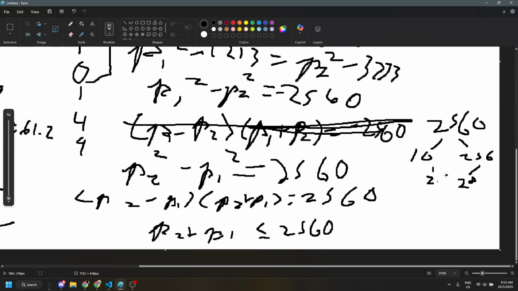And this is 2 times 5. So we have 2 to the 9 times 5. So that means that these must be some combination of nine 2's and a 5. Okay, that's something.